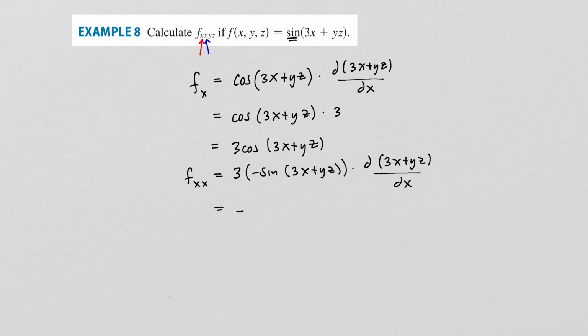This is going to be negative 3 sine of 3x plus yz multiplied by, what's the derivative of this with respect to x? Well, again, it's 3. So our answer here is negative 9 sine of 3x plus yz.